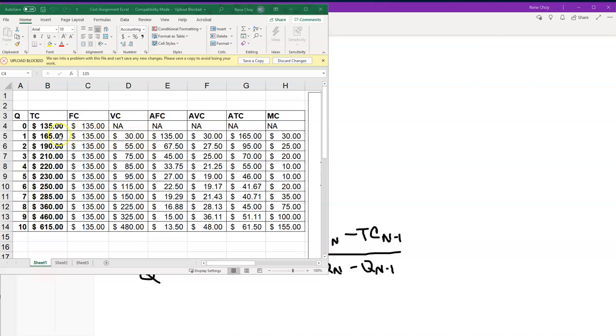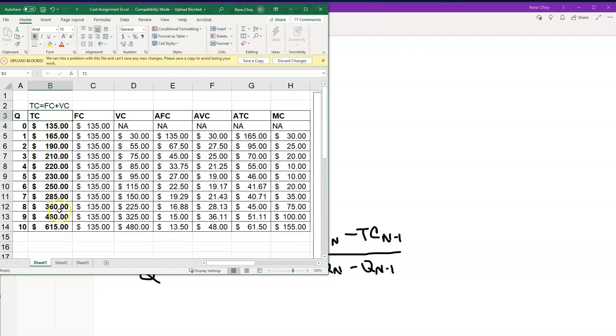So my total cost is going to be equal to fixed cost plus variable cost. So this TC is basically equal to FC plus VC. Okay, that's how I came up with these numbers here. So if you come over here to this 615, I get this 615 by doing fixed cost plus variable cost.